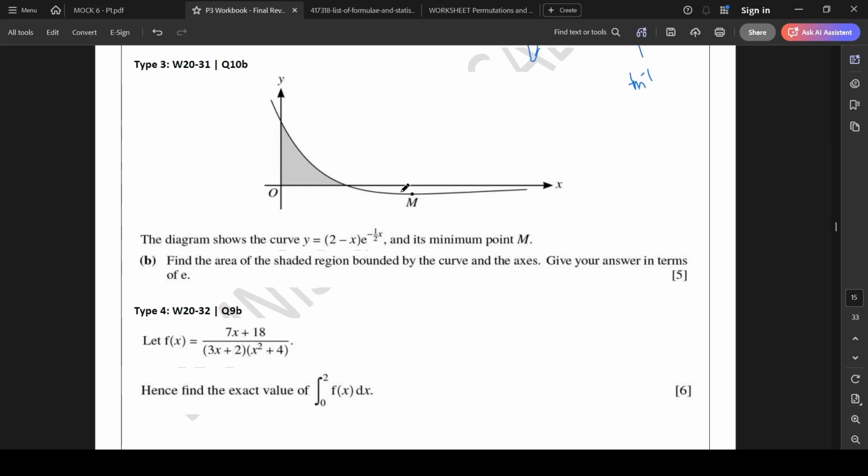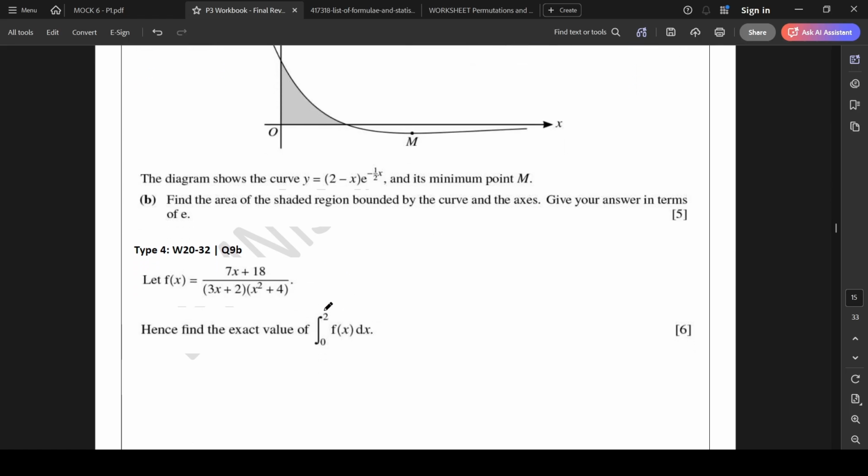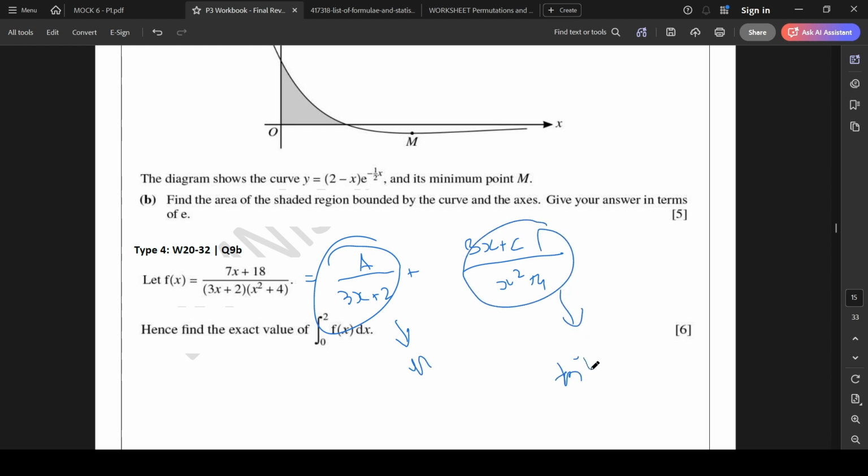Let me see if I have an example of the partial fraction. Yeah, there you go. You have a fraction which you can convert into partial fractions, because you can't integrate this directly. So in that case, you can convert this into the format of a over 3x plus 2, plus bx plus c over x square plus 4, and then integrate this with respect to the ln rule and integrate that with respect to tan inverse, or whatever rule suits you on the given occasion.